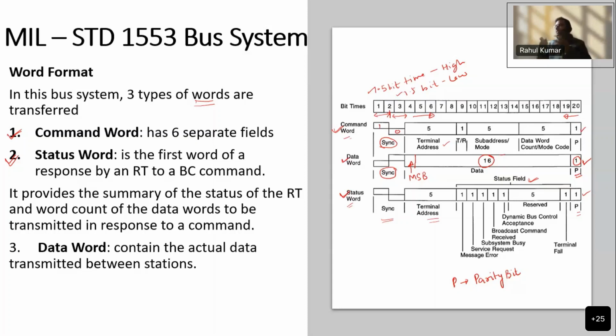Okay, if it is high, then the data has been received properly. So the parity bit is used to identify any error during transmission, and it is always high or 1.